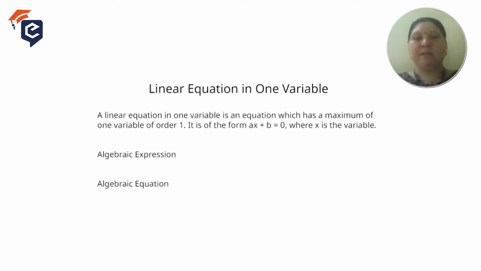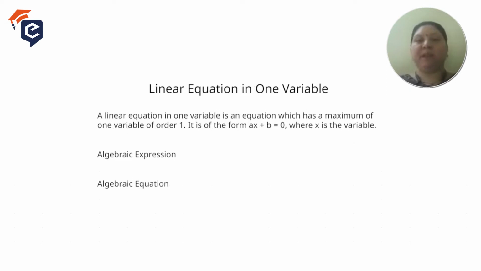So in the earlier classes, you have come across several algebraic terms like algebraic expressions and algebraic equations. Let's take some examples to explain this. So I am taking 8x plus 5 and also 6x. You already learned about this.